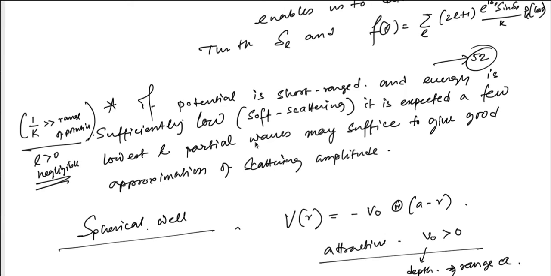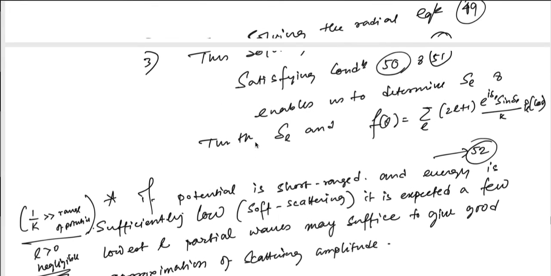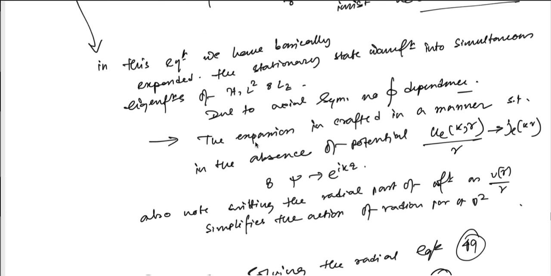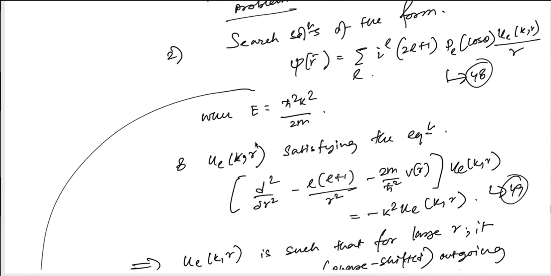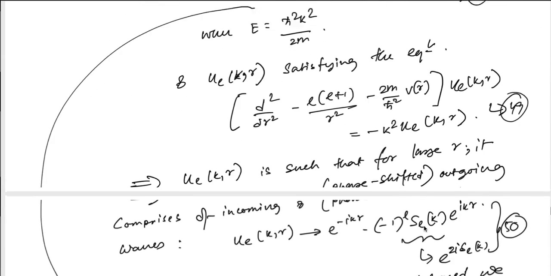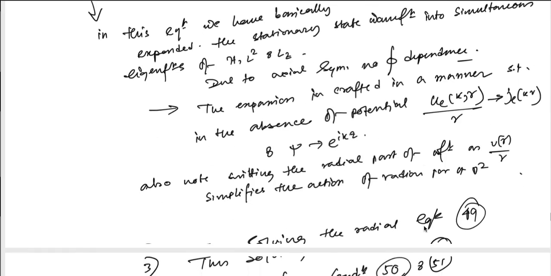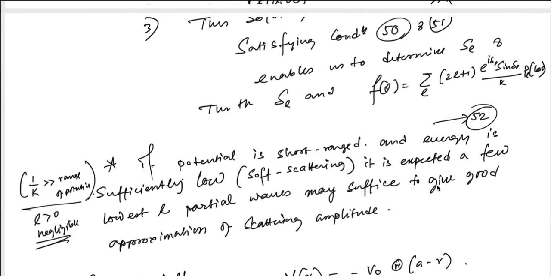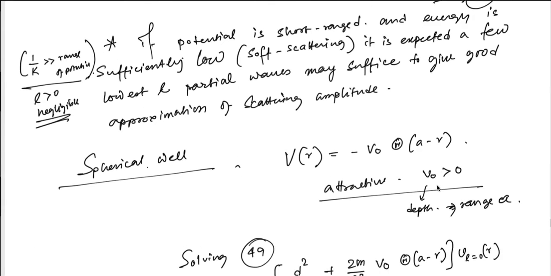Most of the problems you do at this level, that is what you need. So the task is really ridiculously simple: given a V(r), solve equation 49 satisfying 50 and 51 for l equal to 0. That is 90% of problems you get using this method at MSc level.